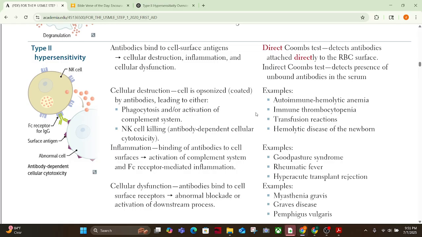If the mom gets pregnant again with an Rh positive baby, then the mom's Rh antibody will come through the placenta and attack the baby's Rh positive antigen and kill the baby.